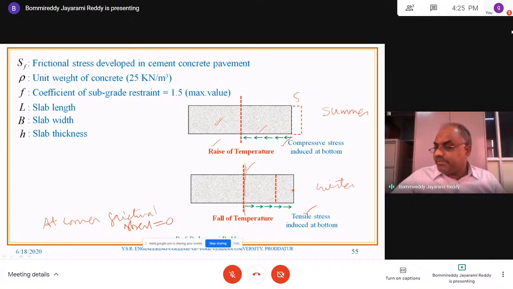And in summer, the compressive stresses are induced because of the friction. In winter, the tensile stresses will be induced in the pavement. So this is the overall concept. In the examination also, the questions will be about whether compressive stress, tensile stress, summer, winter, day, night, these are the various terms associated with it.